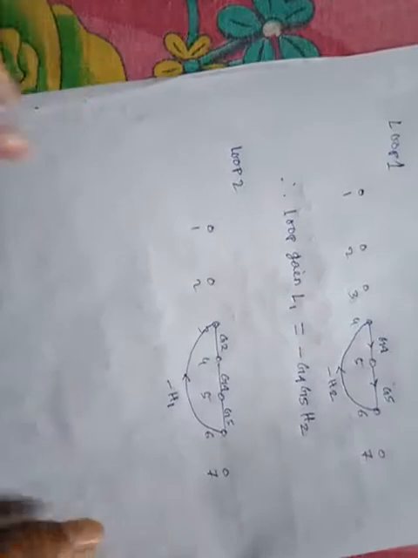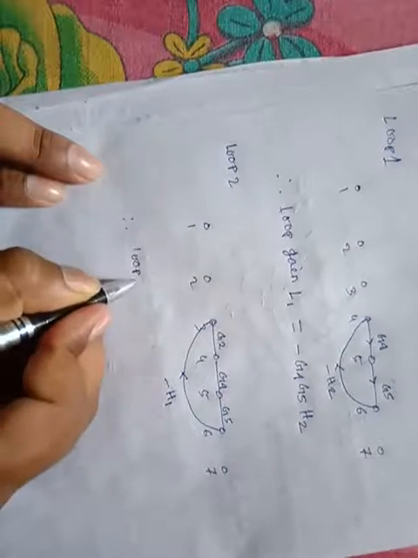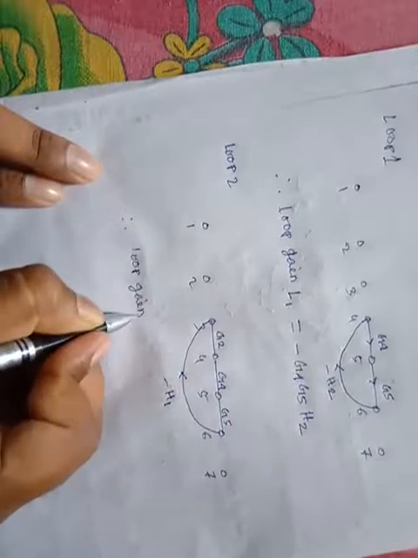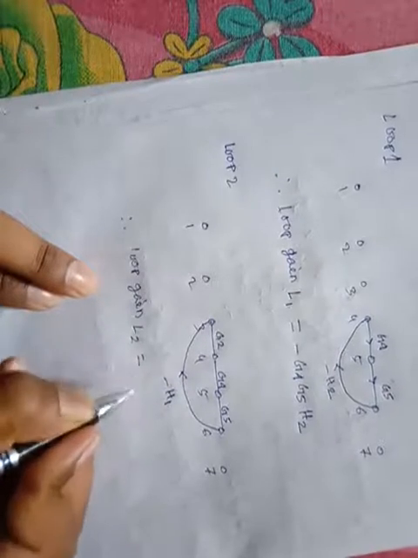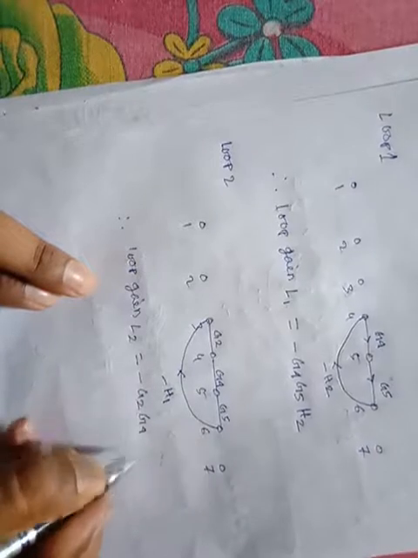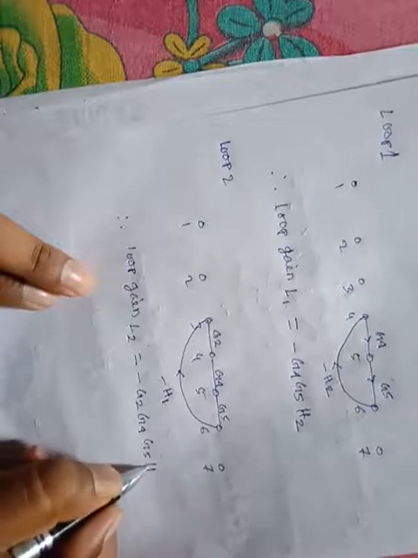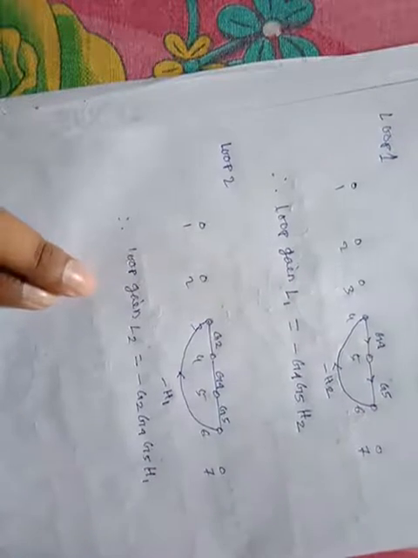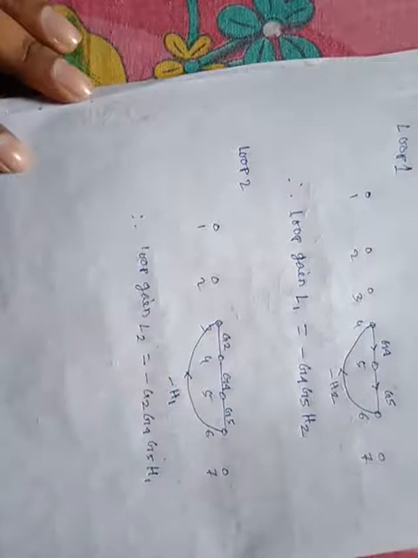Therefore the loop gain L2 is equal to minus G2 G4 G5 H1. This is the product of G2 G4 G5 and minus H1.